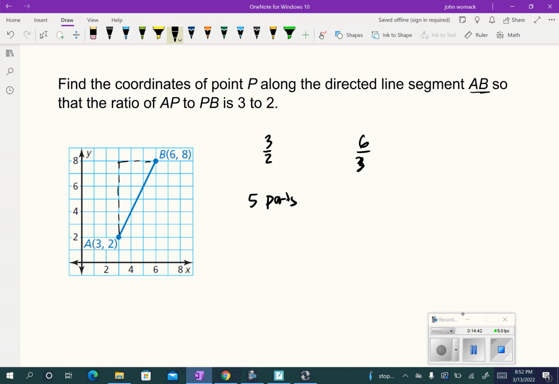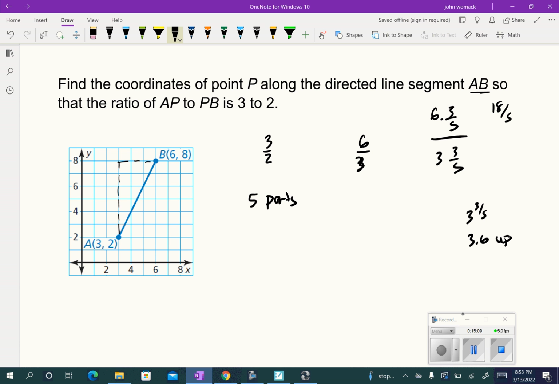That means I want it to be 3/5 of the way up. So I'm going to take that slope and multiply the top number 6 by 3/5 and the bottom number 3 by 3/5. So 6 times 3/5, I get 18 fifths. 5 goes into that 3 times. So I'm going to go up 3, and there'd be 3 left over. So 3 3/5, or 3.6 up.